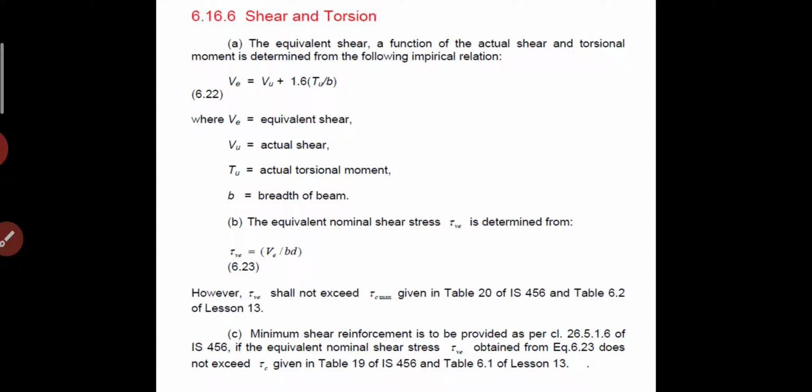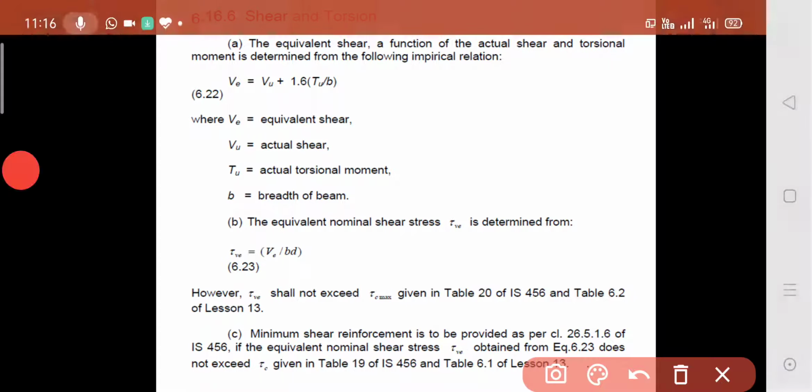Shear and torsion. The equivalent shear, a function of the actual shear and torsional moment, is determined from the following empirical relation.